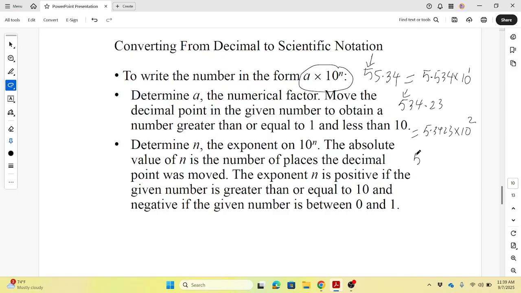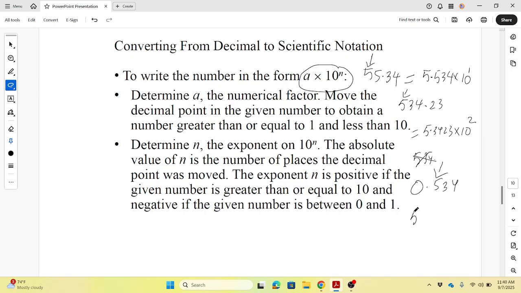For example, let's say you have 534.34. Yeah, this is not the right example. Let's say you have 0.534. I would like to express this as a scientific notation. Then first of all, I need a number.